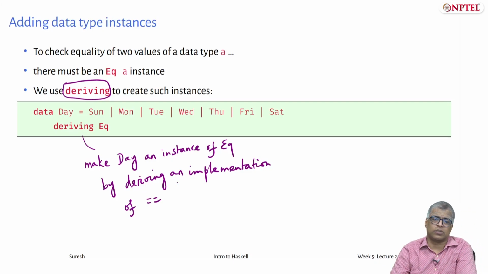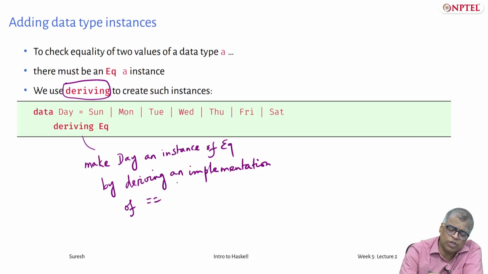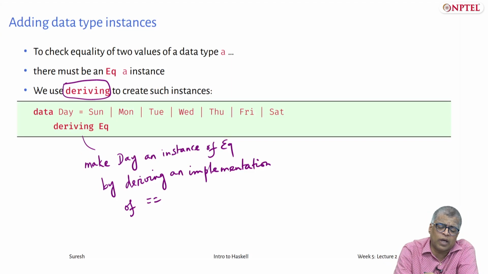How does Haskell derive an implementation of equal to? It applies some standard rules. It will say Sunday is equal to Sunday, Monday is equal to Monday, Tuesday is equal to Tuesday, etc. Sunday is not equal to Monday, Monday is not equal to Tuesday, because you listed these values separately. So separately listed values are distinct and every value is equal to itself. That's all.